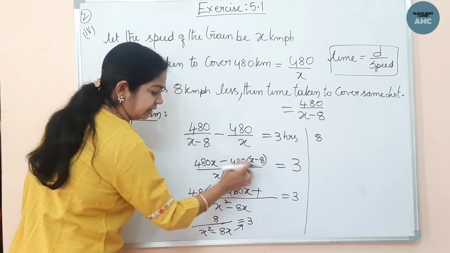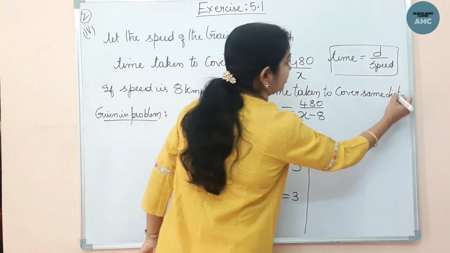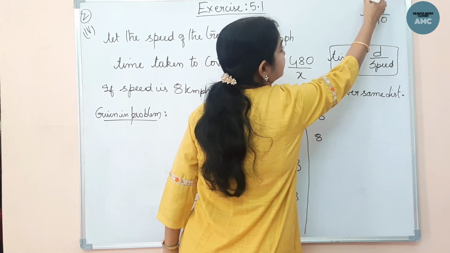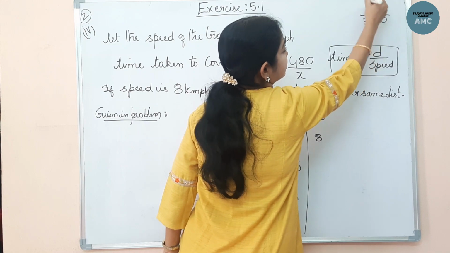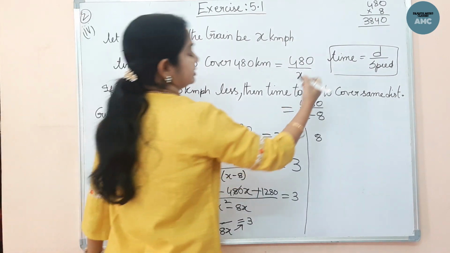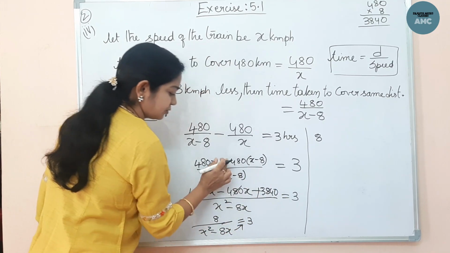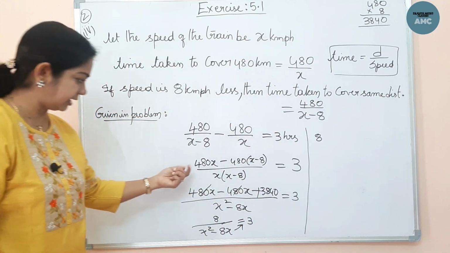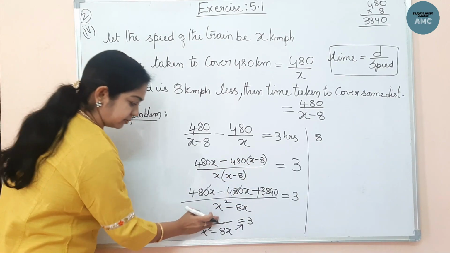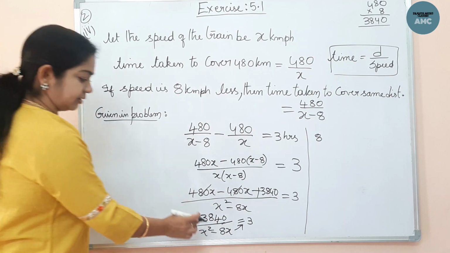You should not write 1280. Let's check 480 into 8: 8 fours are 32, so it is 3840. So it is minus into minus plus 3840. Here again, 480x minus 480x cancels, and plus 3840 equals 3 into x square minus 8x.